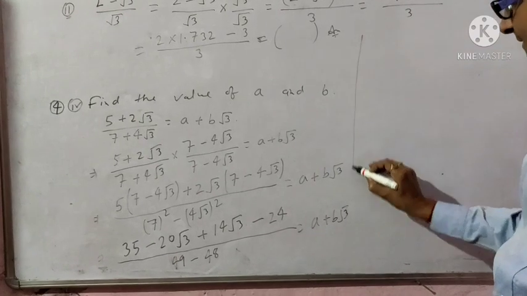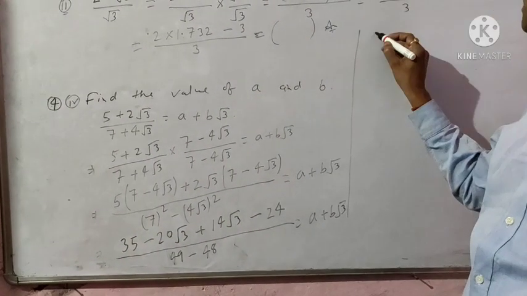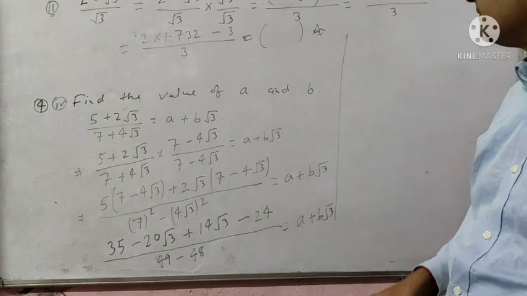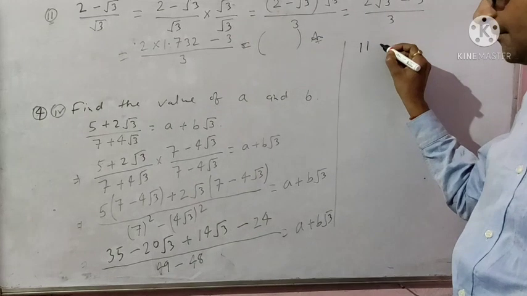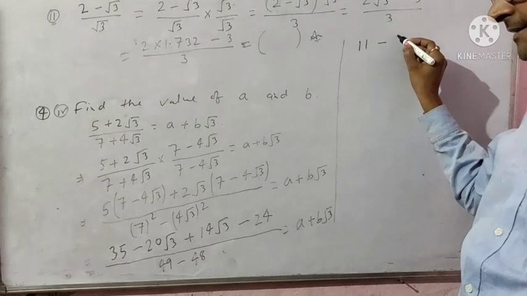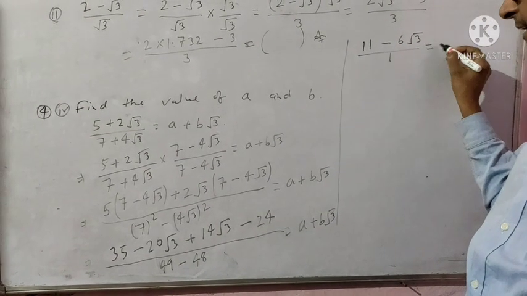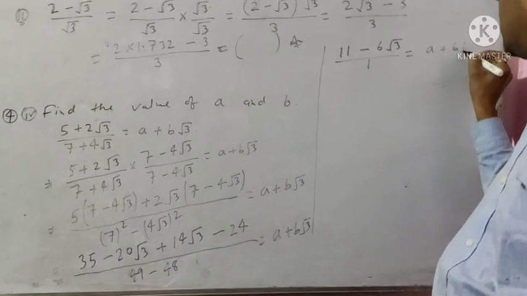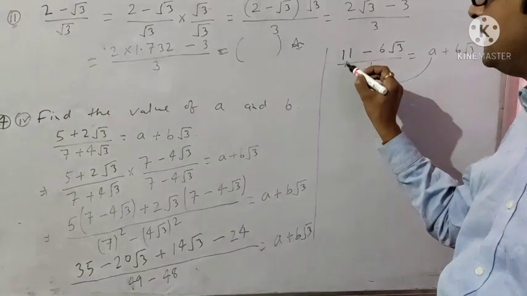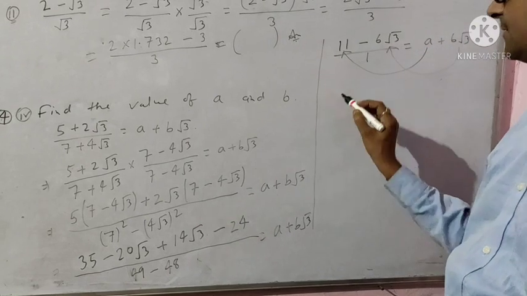Okay, then 35 minus 24, here the result is 11, minus 6 root 3, divided by 1, is equal to a plus b root 3. So here student, a rational number is equivalent to a rational number and an irrational number is equivalent to an irrational number.